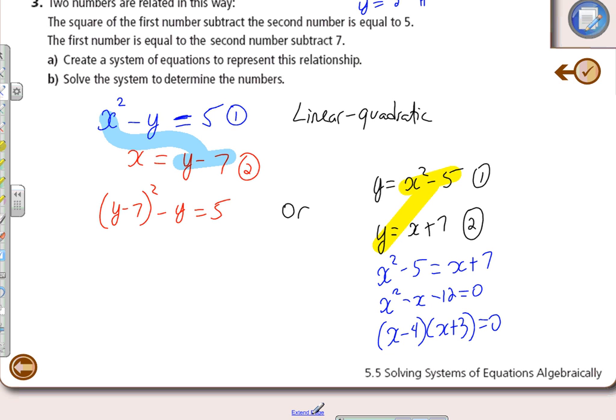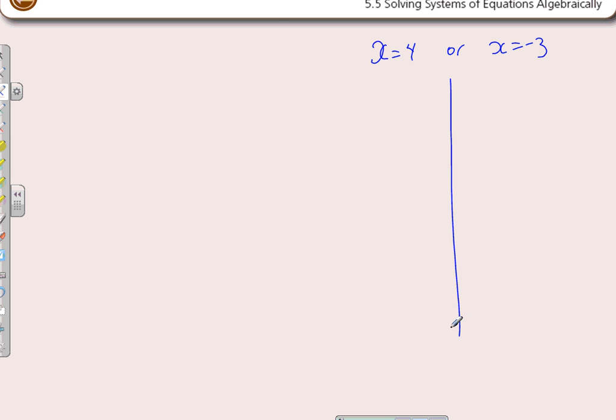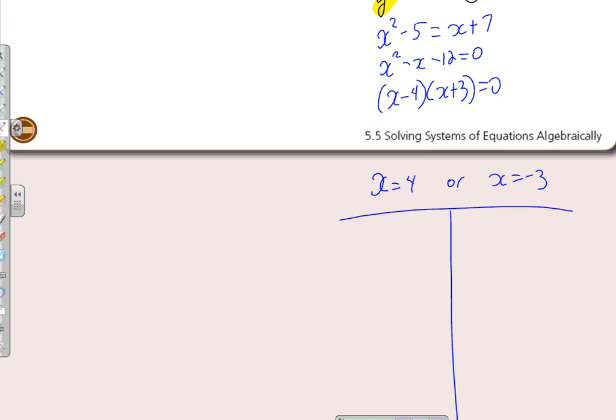So my two answers, two intersection points here now: x equals 4 or x equals negative 3. So if x equals 4, when x is equal to 4, we're going to plug that back in and solve.